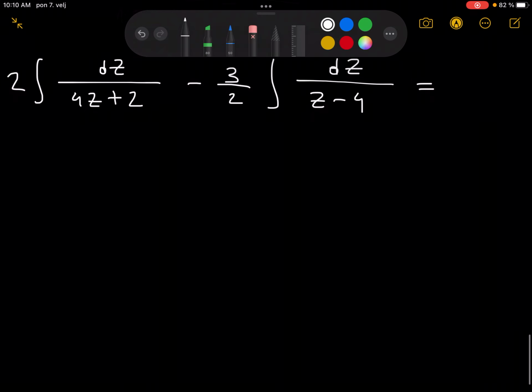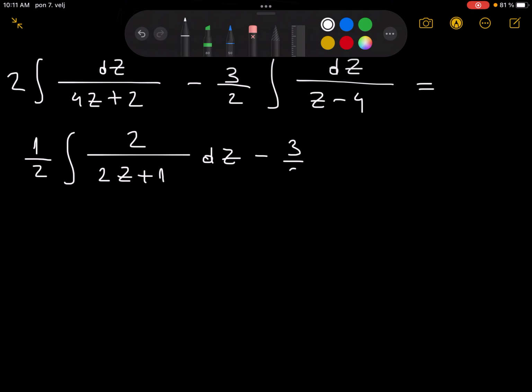Okay, and now we can rewrite the first part of this integral as 1/2 times 2 over 2z plus 1 dz, minus 3 over 2 times the integral of dz over z minus 4.